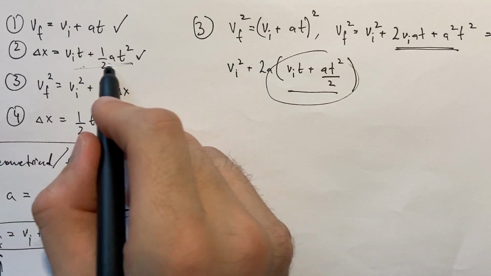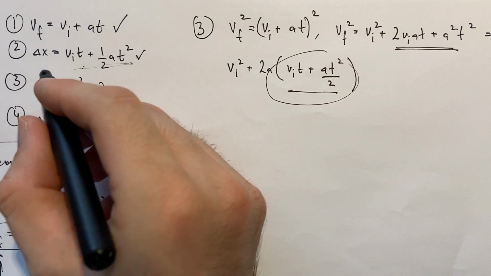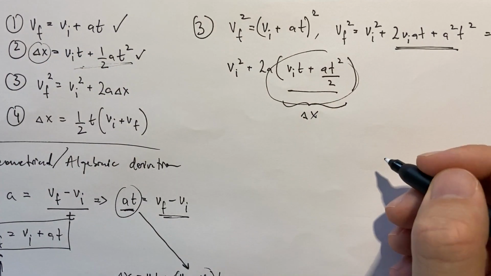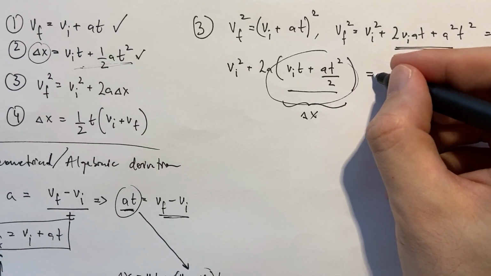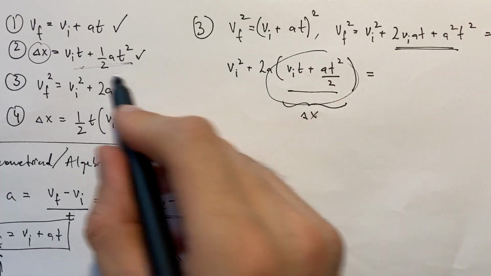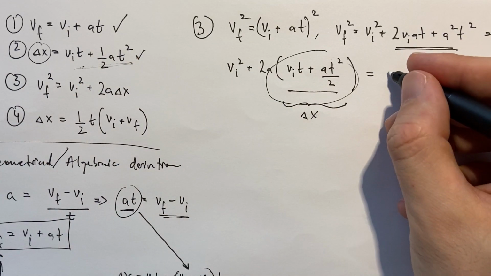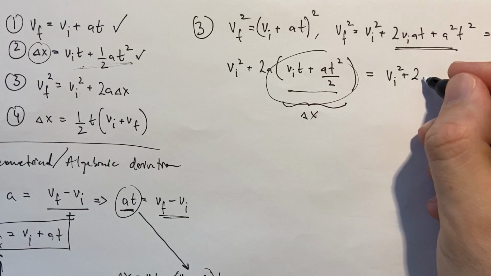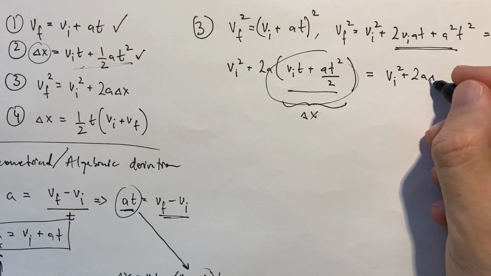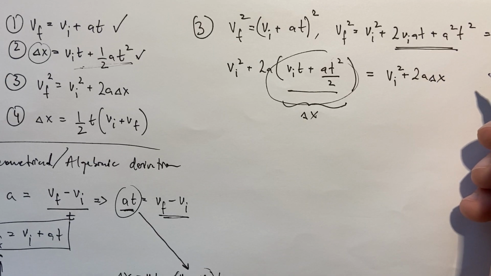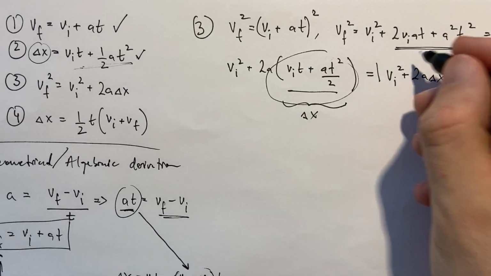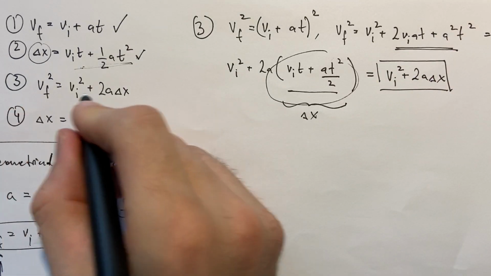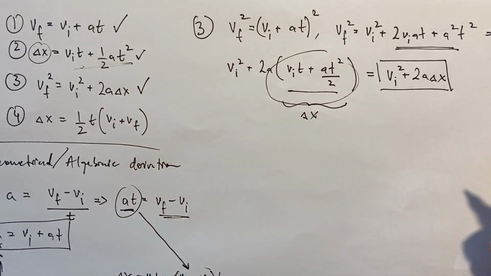It's the same as this one. So it's the displacement. All of this is just the displacement. So let's replace this one with the displacement, which will give us vi squared plus 2 times the acceleration times the displacement. And this is the third equation of motion derived.